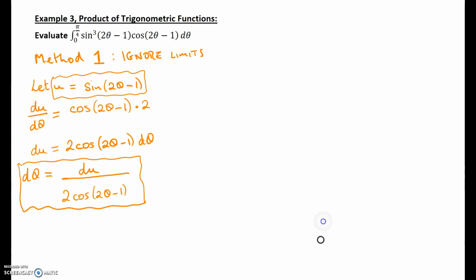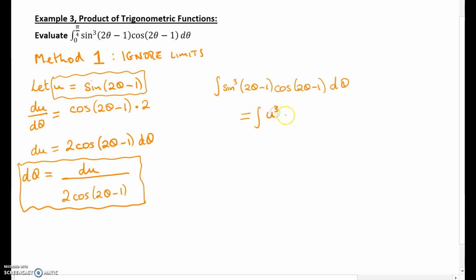So we're going to ignore limits, and we're going to have that the integral of sine cubed of 2 theta minus 1 times cosine of 2 theta minus 1 d theta is actually equal to, well, sine 2 theta minus 1, that's u, and this is cubed, so it's going to be u cubed by cosine of 2 theta minus 1, and then replace d theta with du over 2 cosine 2 theta minus 1.